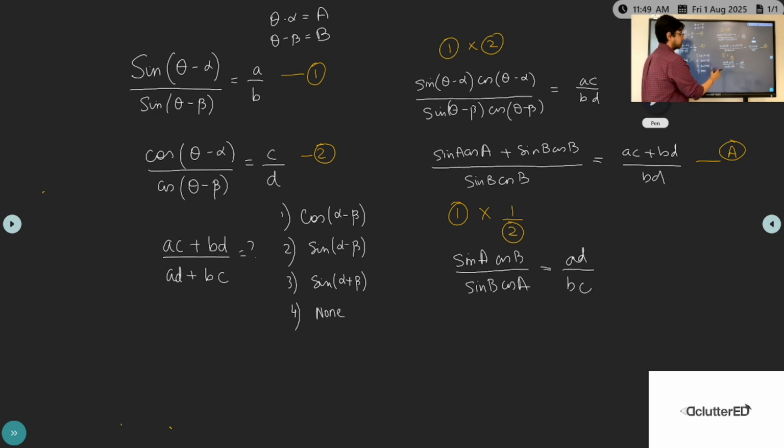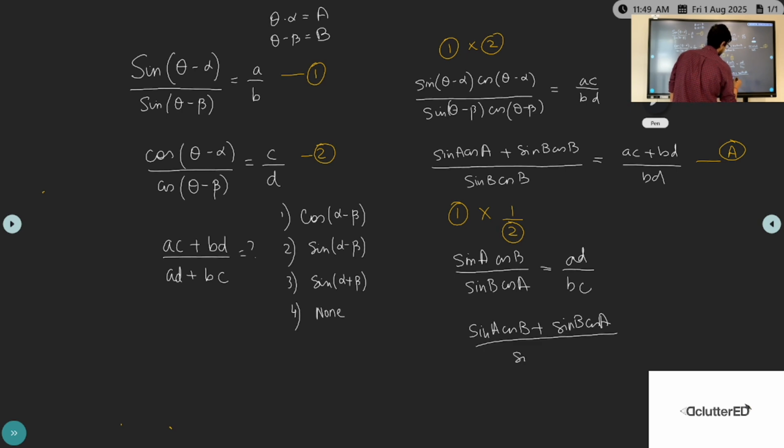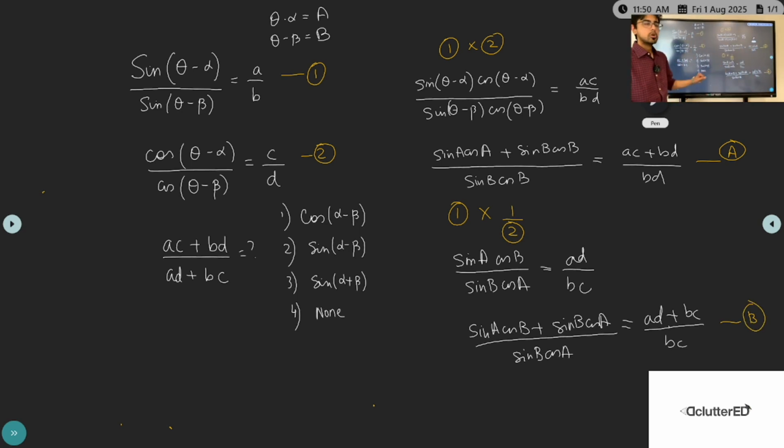Again, by the ratio property, I have (sin A cos B plus sin B cos A) by sin B cos A is equal to (AD plus BC) by BC, and let me call this expression B. So far all good? Amazing.